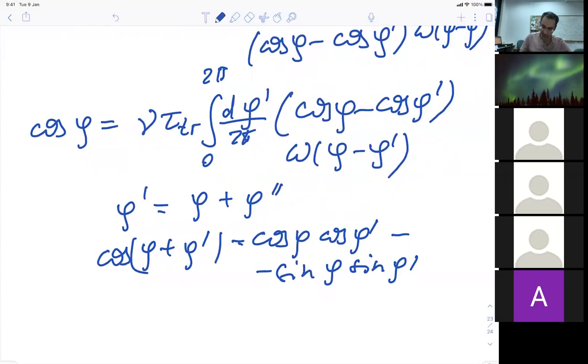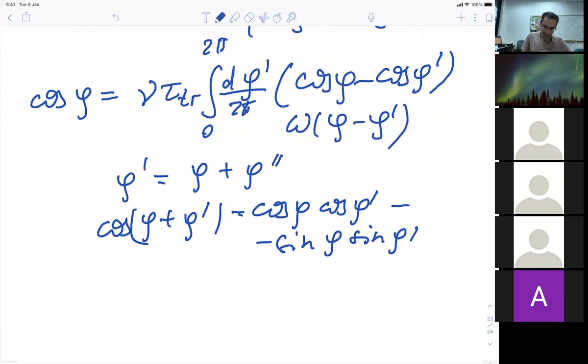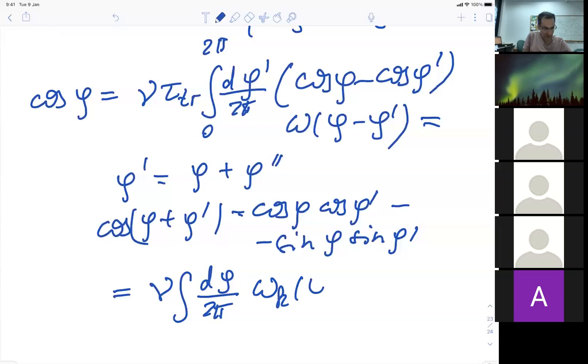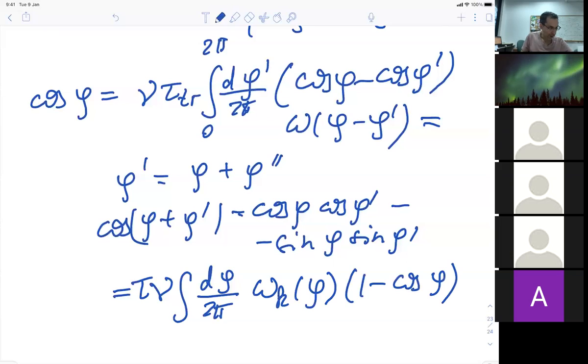Then I plug this into the equation above, and I'm getting that all this is equal to nu times the integral over d phi over 2 pi of w_k of phi times one minus cosine phi, times tau transport times cosine phi.